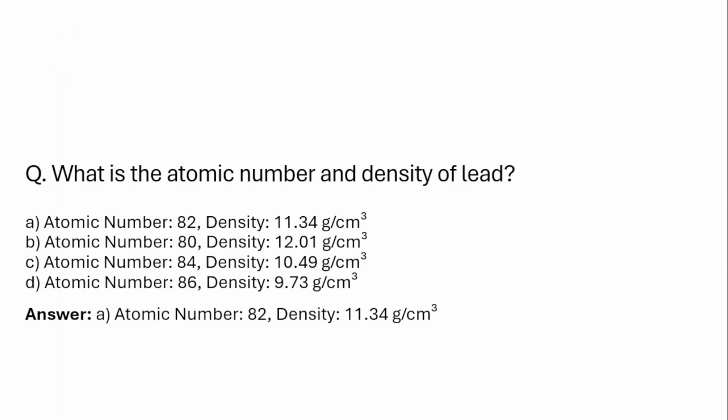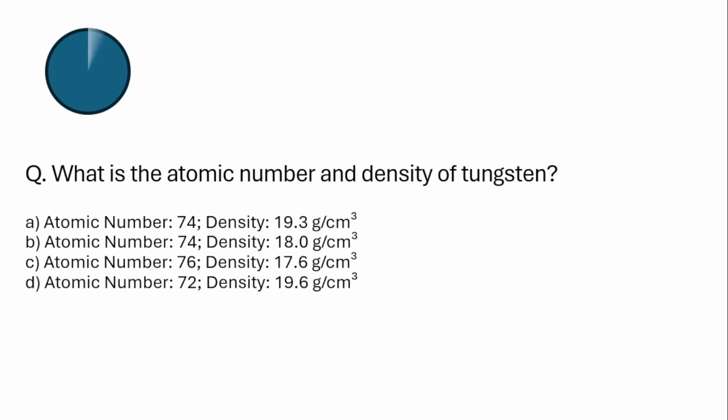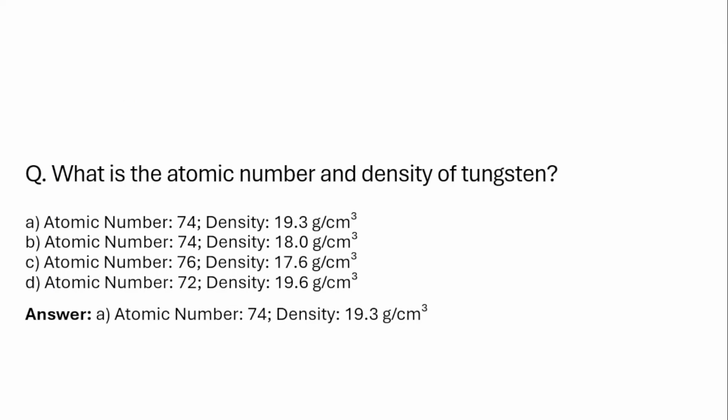You need to know by heart that the atomic number of lead is 82 and its density is 11.3 gram per cubic centimeter. And for tungsten, the atomic number is 74 and density is 19.3 gram per cubic centimeter.